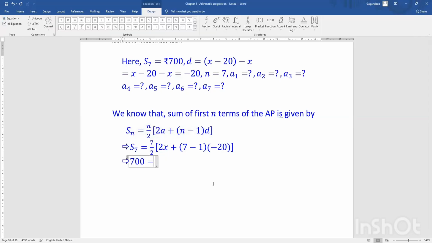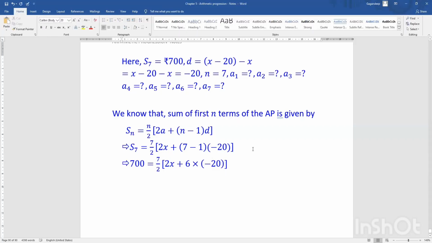So 700 equals n by 2, that is 7 by 2 into bracket open 2x plus 6 into minus 20, bracket close.